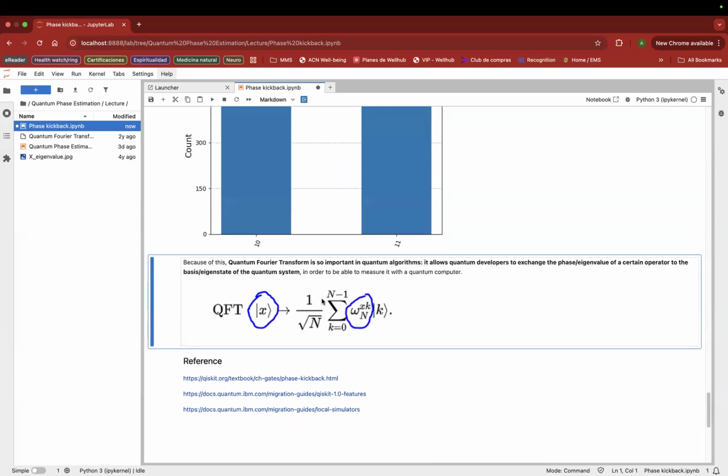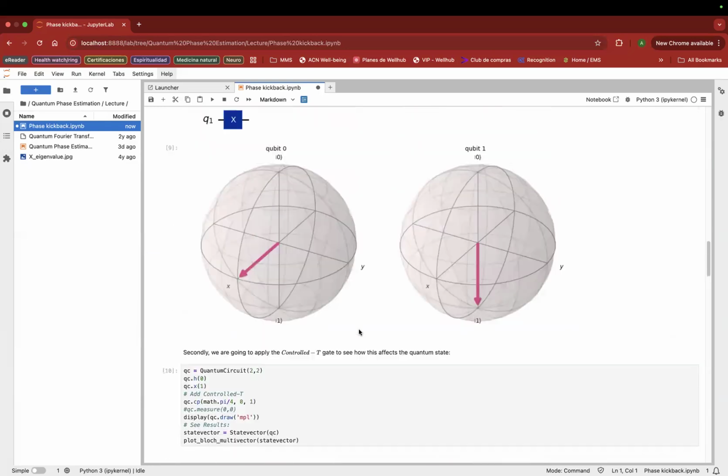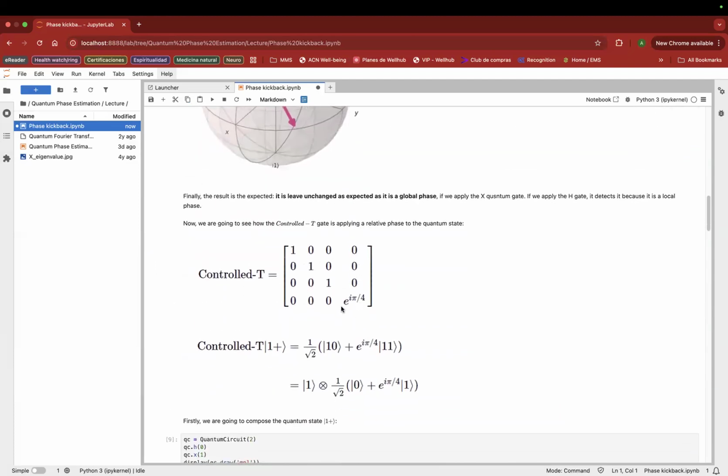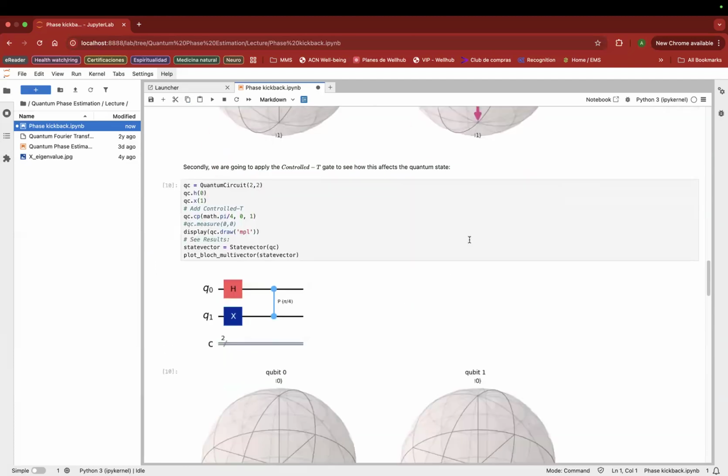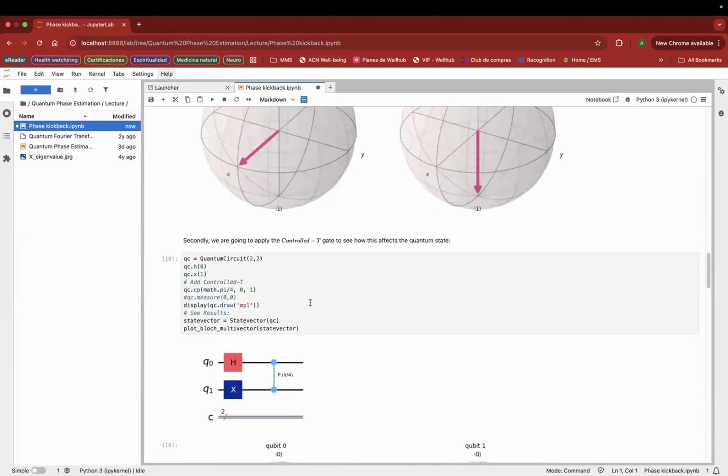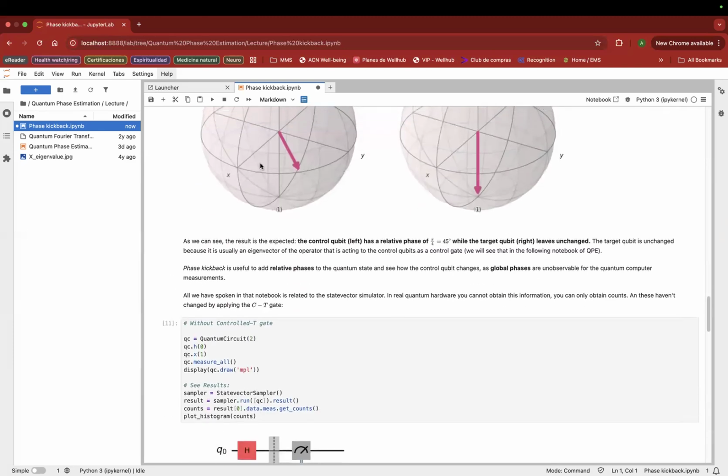They are measuring probabilities. That's why the quantum Fourier transform is so important. Second, the phase kickback effect is the building block of all theoretical quantum algorithms, and it relies on applying a quantum operator to two qubits, where the target qubit remains unchanged and the control qubit changes. Okay?